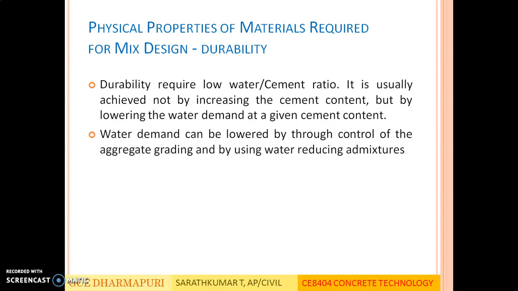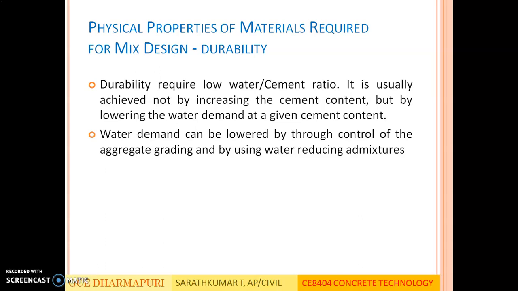Durability. Durability requires a low water cement ratio. It is usually achieved not by increasing the cement content but by lowering the water demand at a given cement content. We have already seen that if you want more workability and need to maintain the water cement ratio constant, you can go for adding superplasticizers, not adding water. Normally, if you want more workability, the person will add more water.